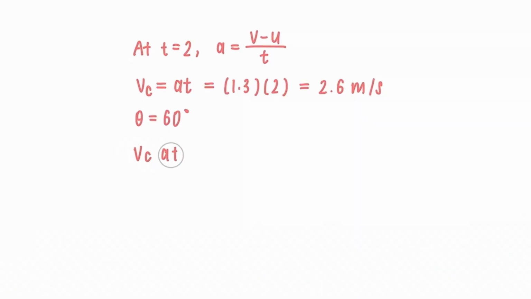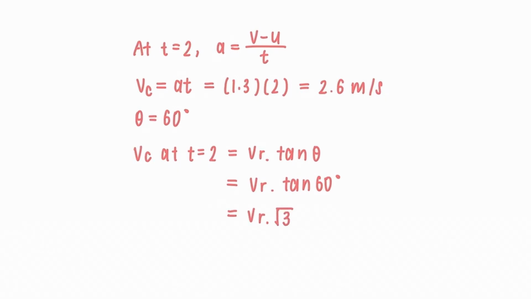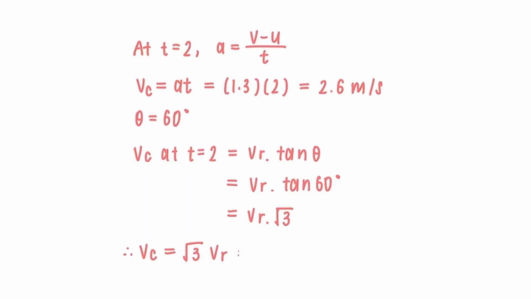VC at t equals 2 equals VR times tan theta, which is VR times tan 60. If you type it into the calculator, tan 60 will give you square root 3. In the end, you'll get VC equals square root 3 times VR. Since we have solved that VC equals 2.6 meters per second, you can sub it in as square root 3 VR, which equals 2.6.